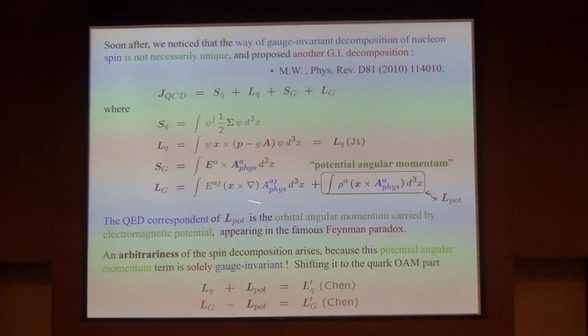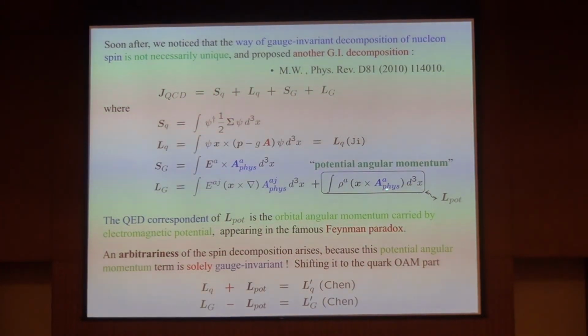One is the canonical OAM part, and the other is the term which we call the potential angular momentum term, because the QED correspondent of this term is nothing but the orbital angular momentum carried by the electromagnetic potential, which appears in the famous Feynman paradox of classical electrodynamics.